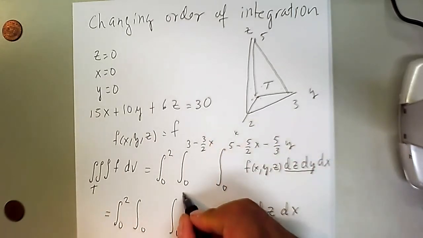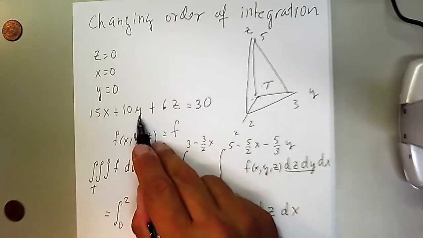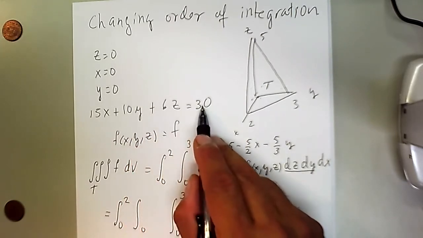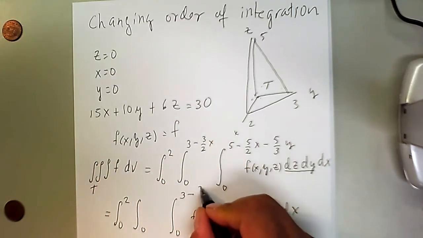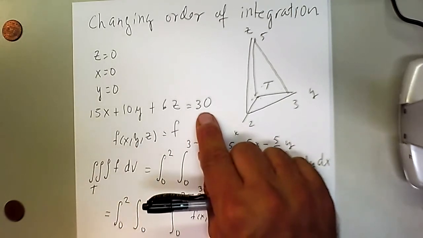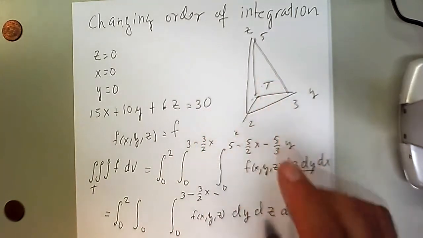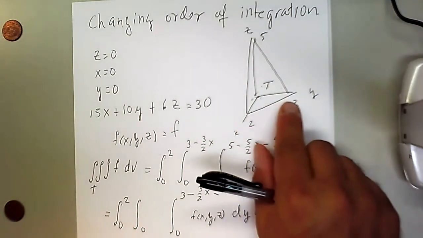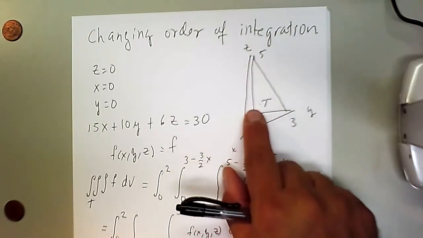If we solve this equation for y, that is going to give us 3 minus 3 over 2 x minus 3 over 5. It's easier for me to observe that from the y perspective and the z perspective, the slope is rise over run.